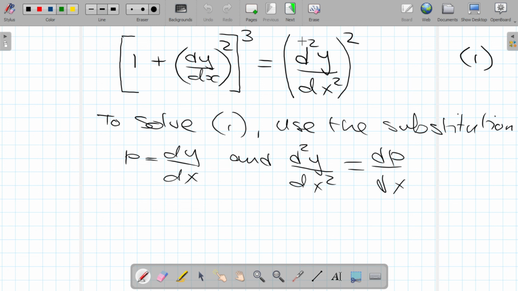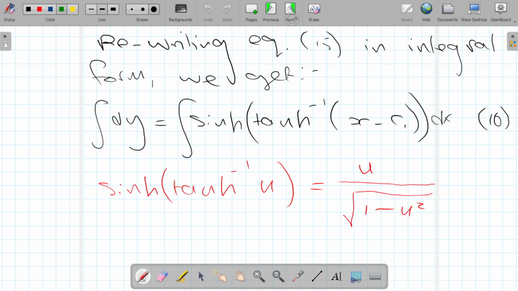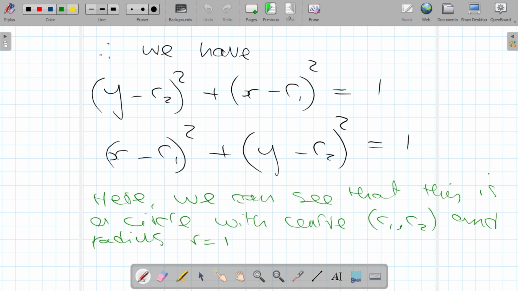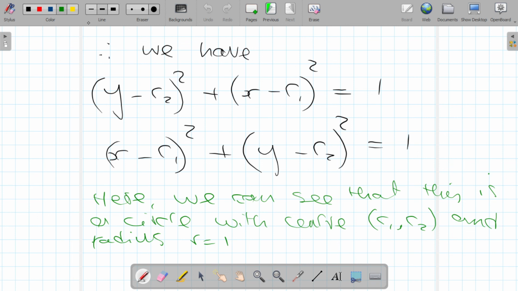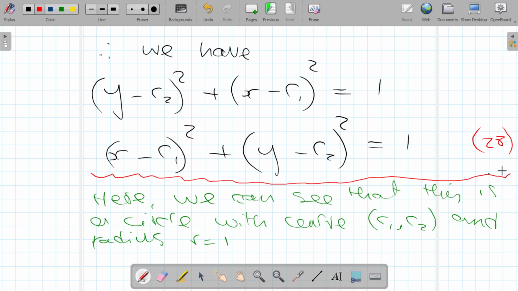We've gone from that to the equation of a circle in equation 28. Oops, I've written it in red. Never mind. So we can highlight that more clearly. The equation of a circle.